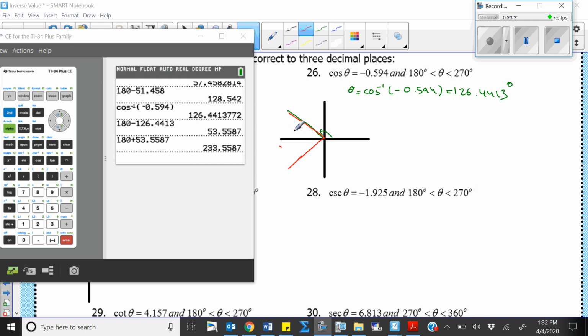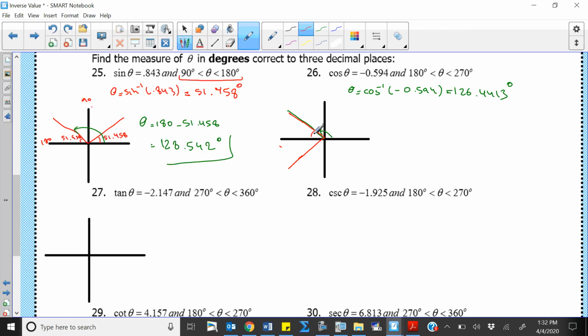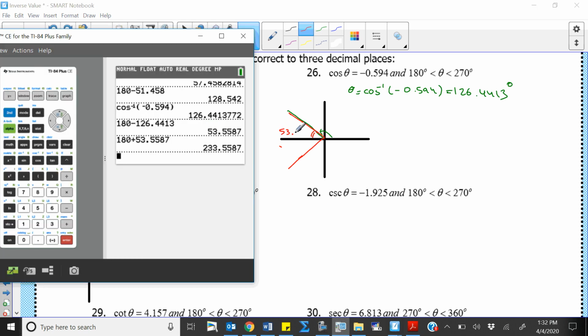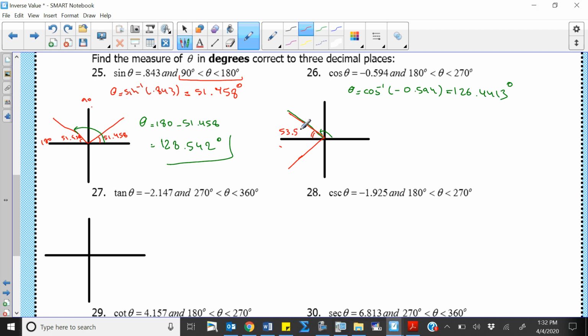So this angle that you see here is 53.5587. The same is here. This one is also the reference angle, so they are both the same thing, 53.5587.